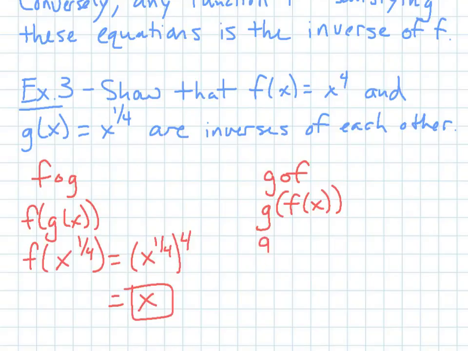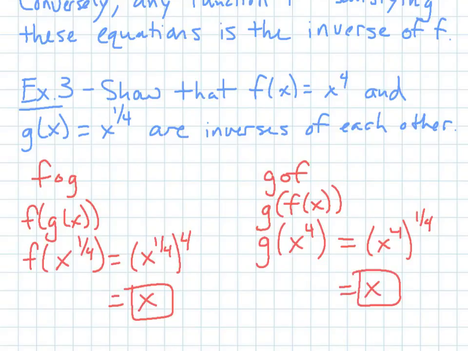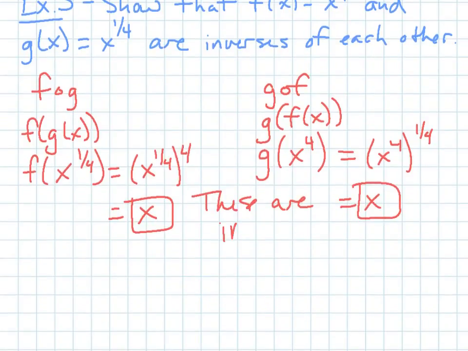So that's a check. Now f of x is x to the 4th. So then plug that into the function of x to the 1/4 power. Same thing. Power to power property tells me to multiply. So 4 times 1/4 gets me 1. So I'm left with x. So in this case, these are inverses. So that's kind of what you're proving for that example.